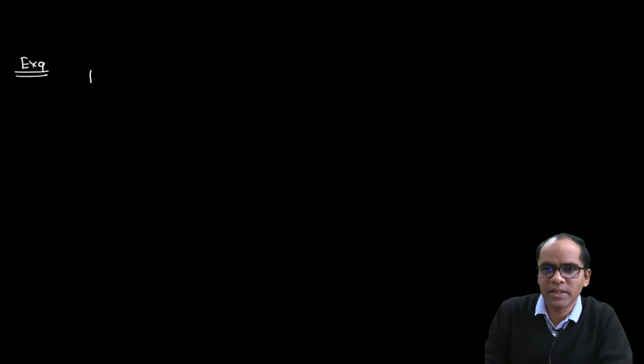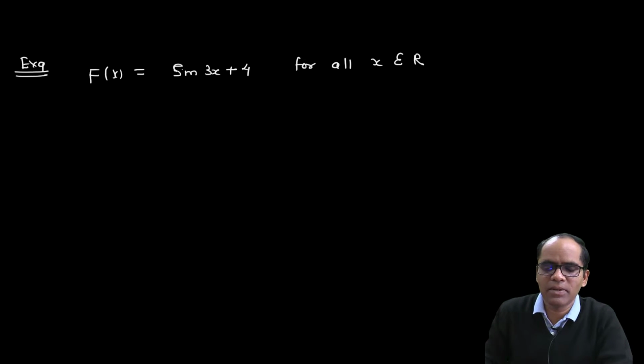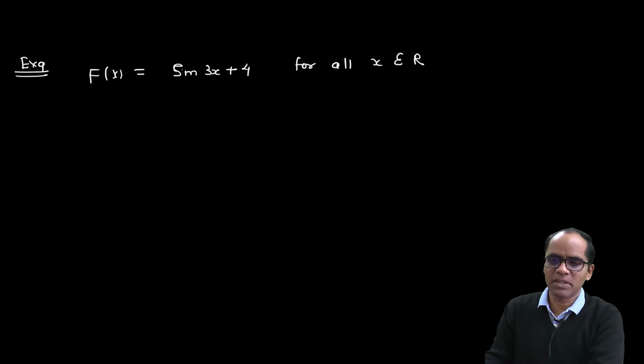Next example we will see. In this question we will find maximum value and also minimum value. Okay. So function f of x is equal to sine 3x plus 4 for all x belonging to real numbers.